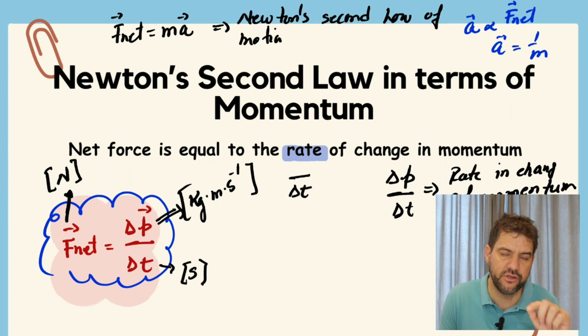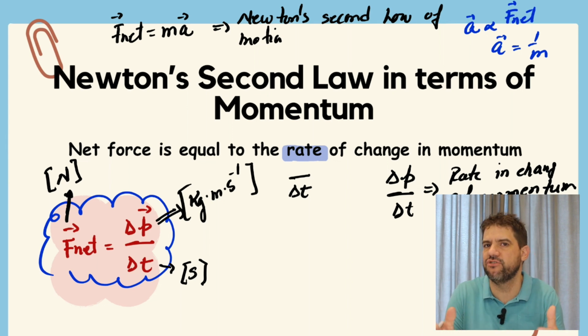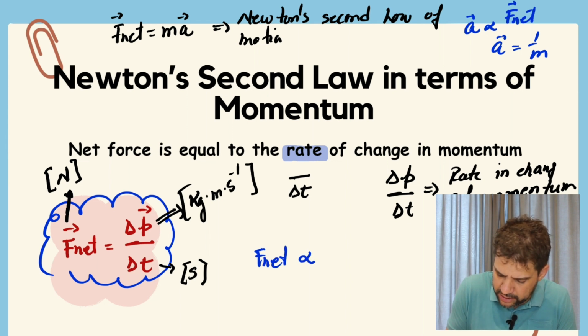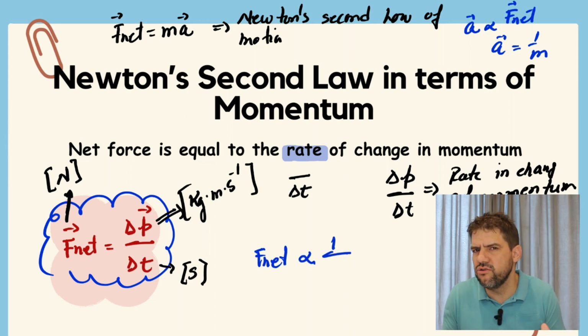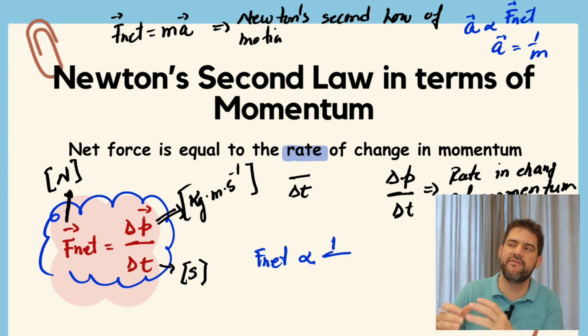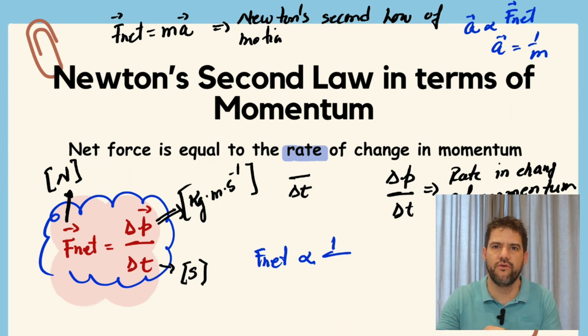But I want you to note something which we're eventually going to speak more about in this formula: the net force and time are related in an inverse way. So if the time becomes smaller, the net force becomes bigger. If the time is greater, the force is smaller. It's not exactly a relationship where if the time increases 2 times, then the force decreases by so many times. No, not exactly like that.